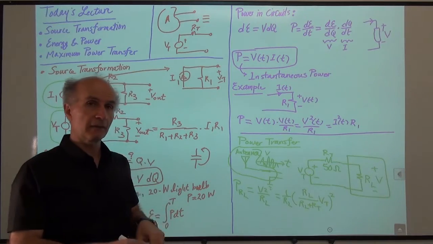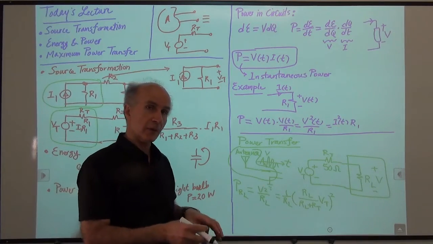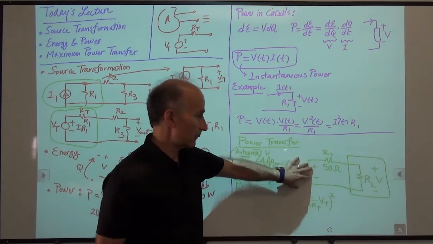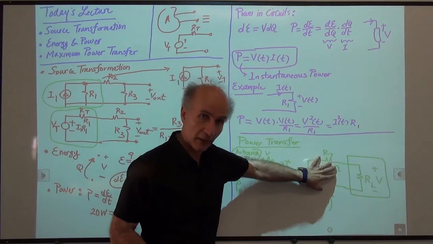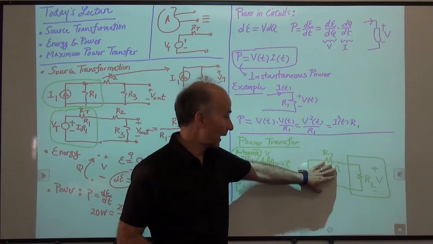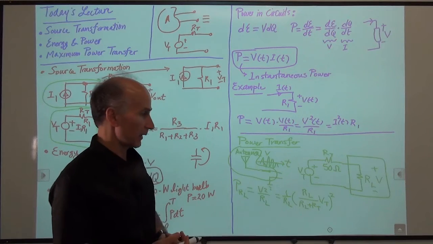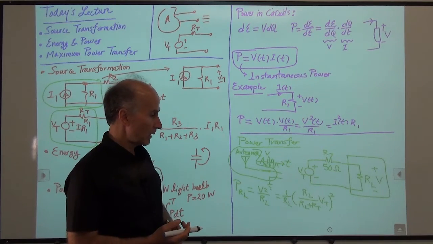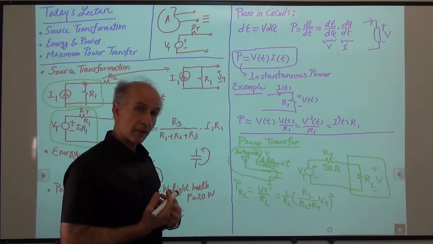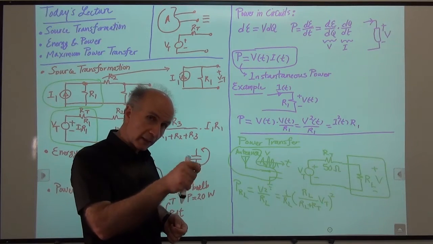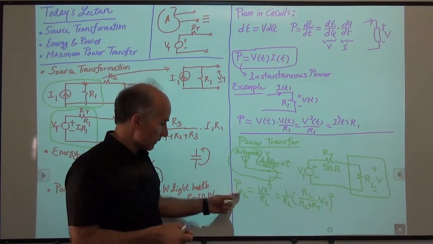This is the power delivered to the load in terms of the Thevenin parameters of the antenna. This is the model that we have created for the antenna. And then this load resistance itself, RL. Okay, so of interest to us is how we can vary RL so as to maximize this.